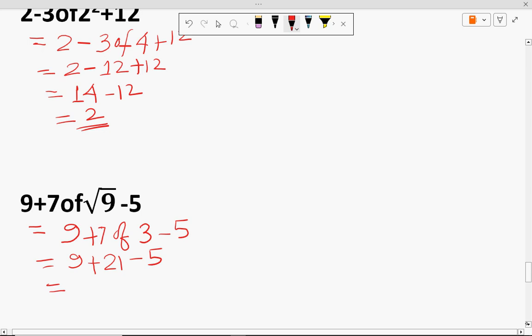Now 9 and 21 are positive, so we'll add together. This is 30 minus 5 is equal to 25, and so the answer.